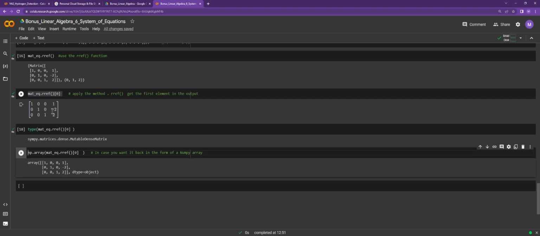Let's say once you've done this and you want it back in the form of a NumPy array, you just call the NumPy array function, np.array, and your SymPy matrix goes here. And that is it basically.